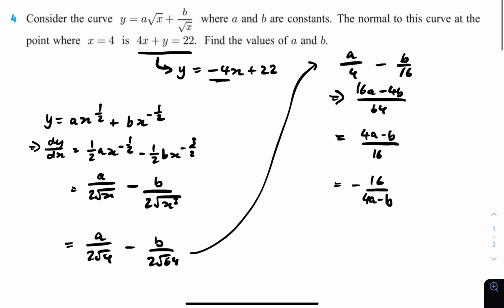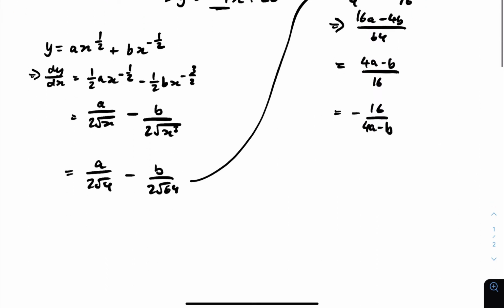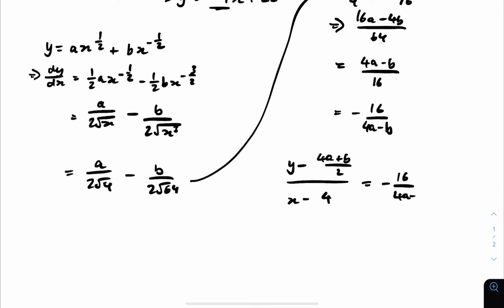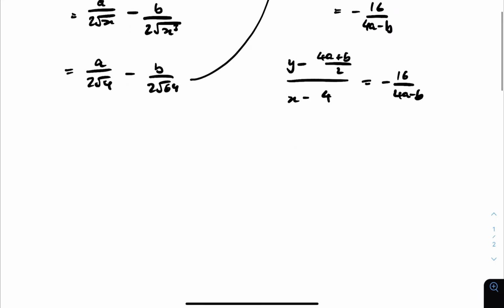When x is equal to 4, the y value is 2a plus b over 2, which is just 4a plus b over 2. Keeping this in mind, we're going to use our gradient formula. So y minus 4a plus b over 2, divided by x minus 4, is equal to our gradient, negative 16 over 4a minus b.